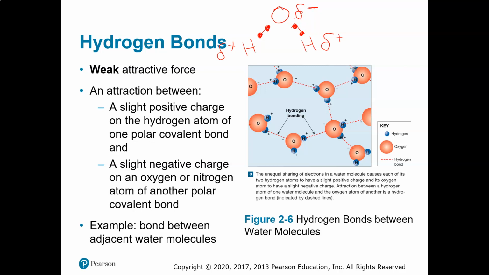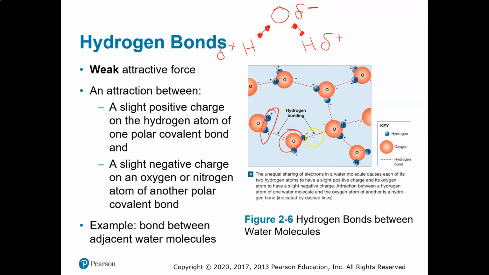And what happens is if you have a lot of water molecules together, say in a water droplet, the way that the water molecules will arrange themselves is the positive hydrogen ends of the water molecules will face the negative oxygen ends.